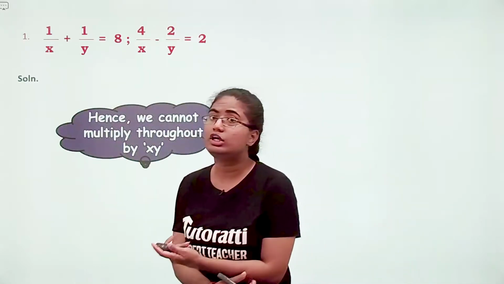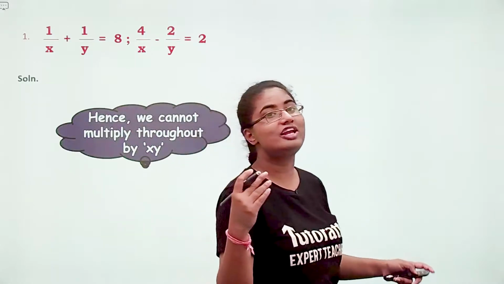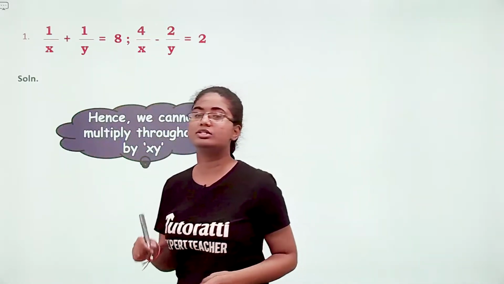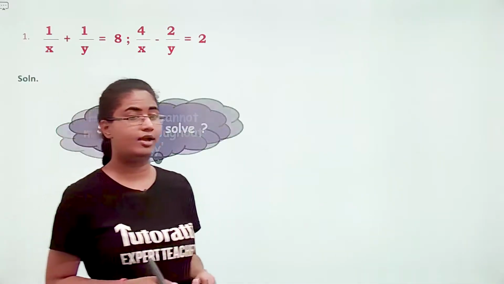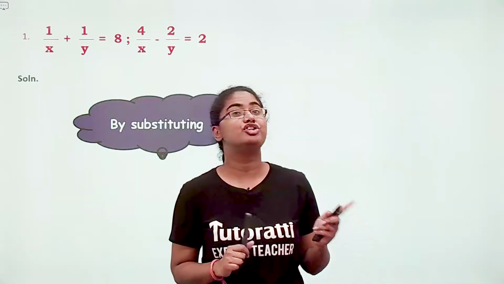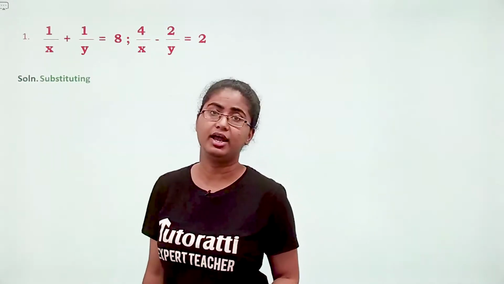So hence we cannot apply that LCM wala method that we used to solve if we had numbers in the denominator. So variables के साथ करना क्या है? How do we solve this? By substituting. अभी कहाँ पे क्या किधर substitute करना है?